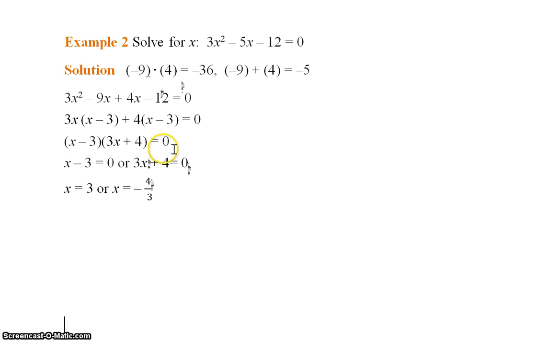The product of two factors equals 0 when either first factor equals 0 or second factor equals 0. X minus 3 equals 0 gives x equals 3, and 3x plus 4 equals 0 gives negative 4/3. 4 you move to the right side with minus and divide by 3, and you will get that x equals negative 4/3.